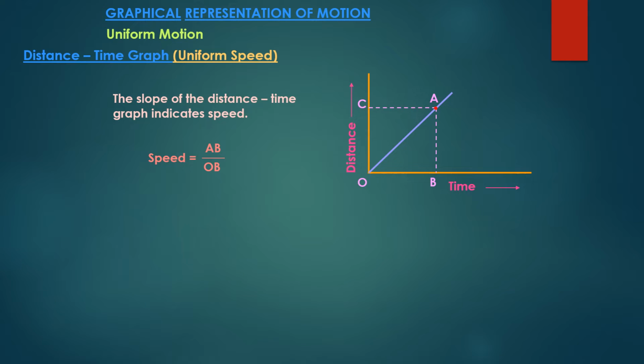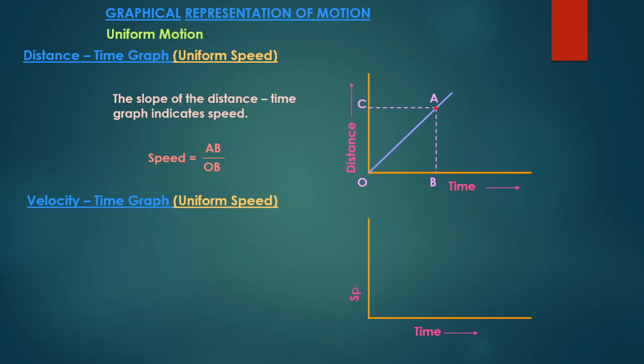The triangle ABO. If it is velocity time graph with uniform speed, then you will find the line running parallel to the x-axis.